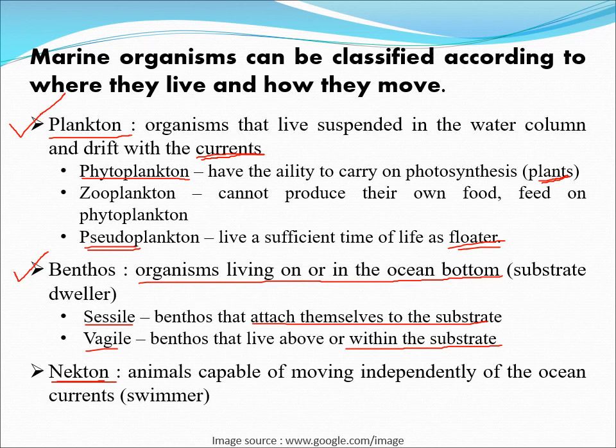So all the fishes, other reptiles which can swim freely within the water body, they are called nekton or nektonic. So these are the three groups found in the ocean water column. Planktonic, that is floaters; benthonic, that is bottom dwellers or substrate dwellers; and nektonic, that is swimmers.